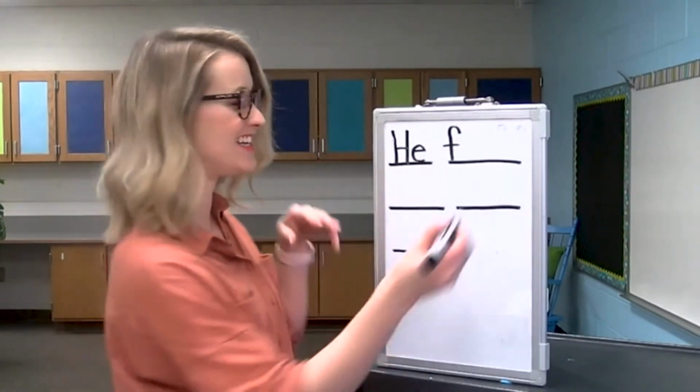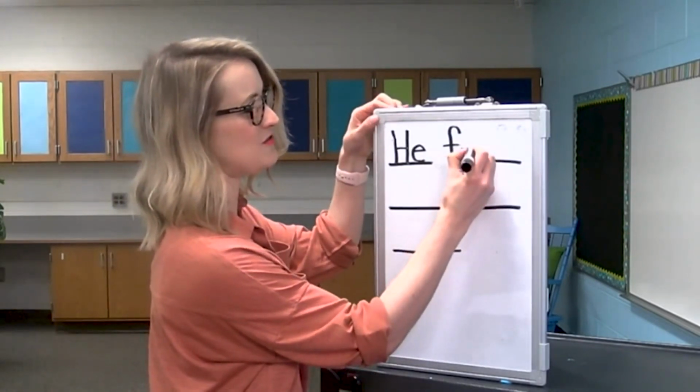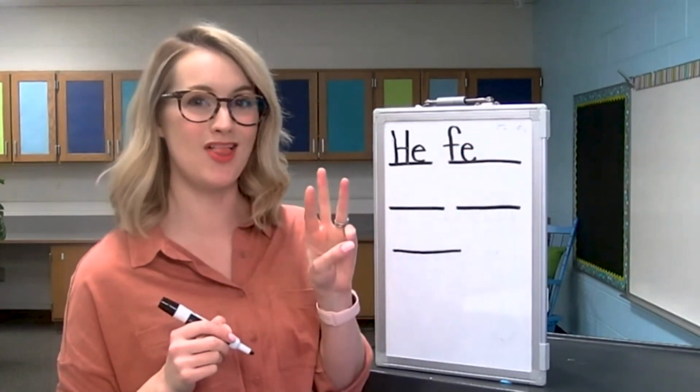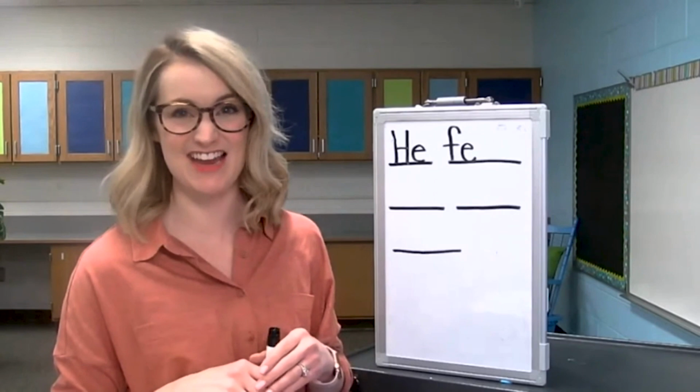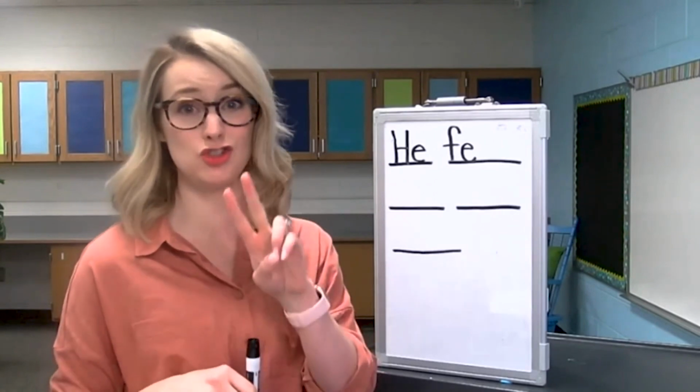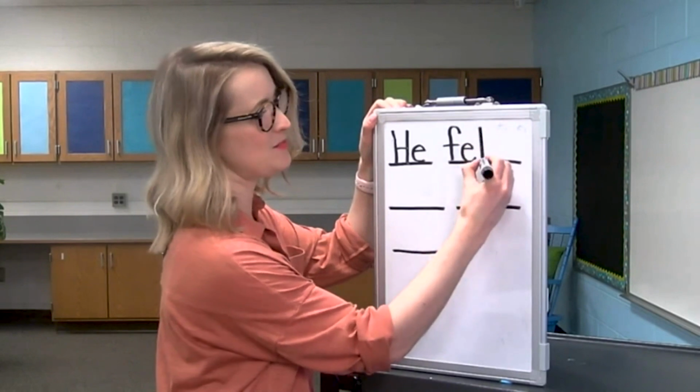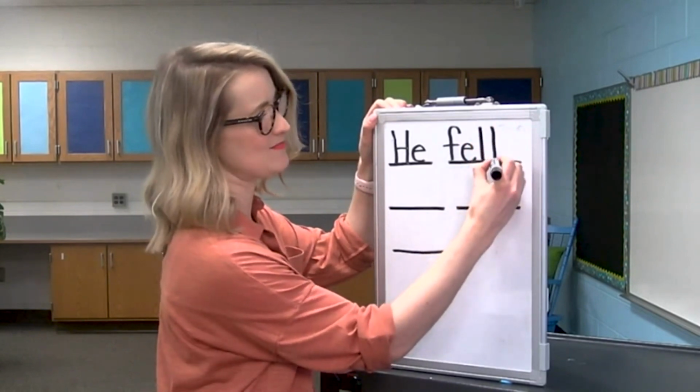That's an E. Let's start in the middle, slide over, up, and around like a C. We hear an L at the end of that word. This word needs 2 L's to make the ell sound. Start at the top, go down, back up, go down.